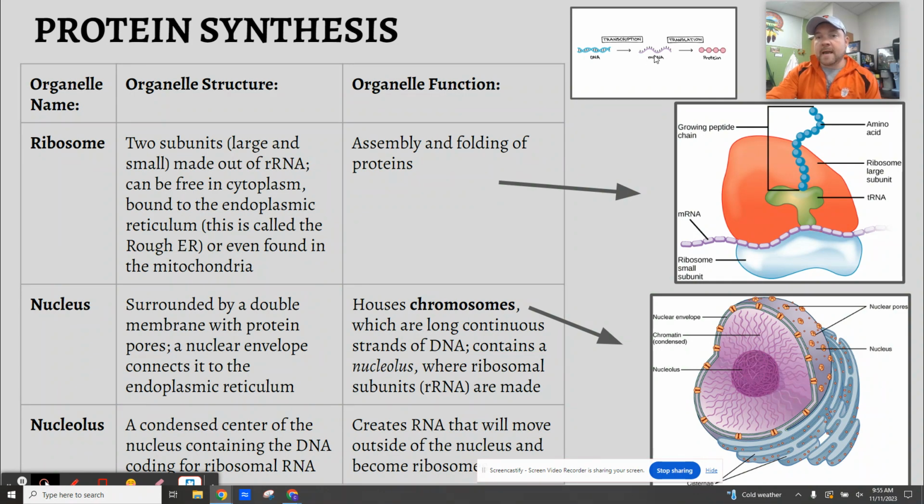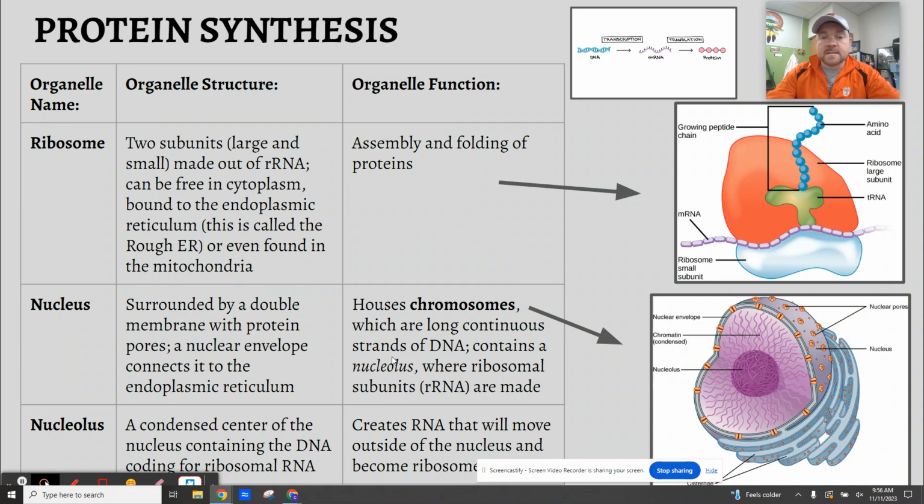Then this mRNA will go to the ribosome in order to make the protein. So the nucleus and the ribosome are going to be really closely related in terms of function, because one is going to store the code for what proteins need to be made, and one's going to actually get her done and crank out those proteins as we go.